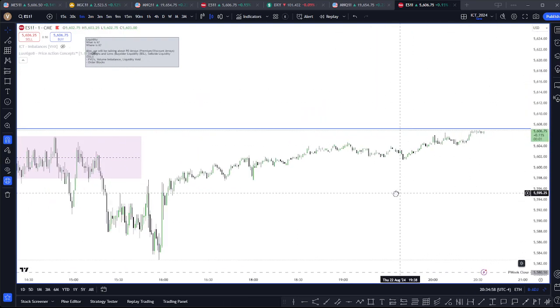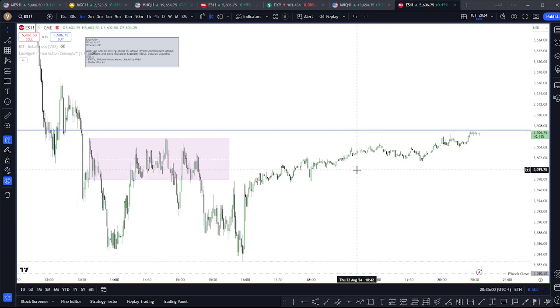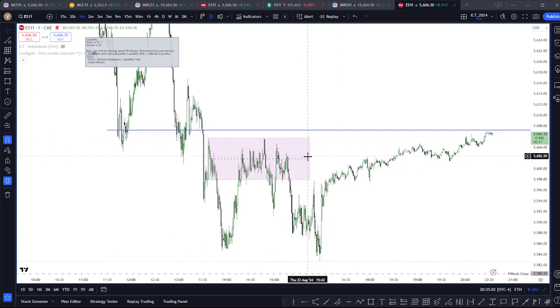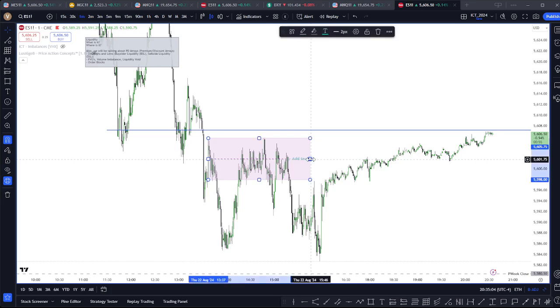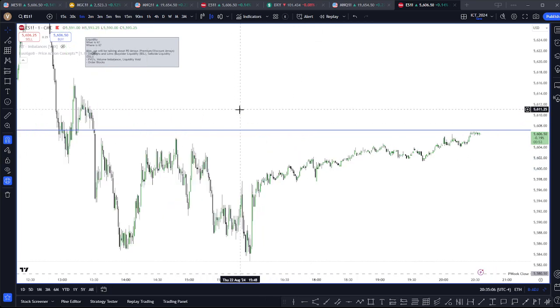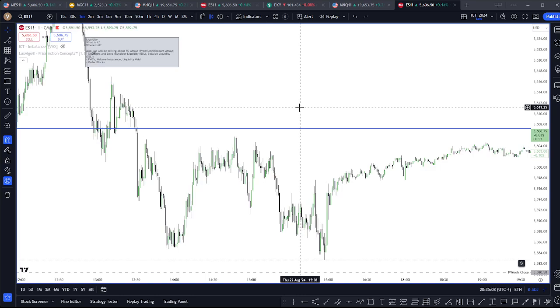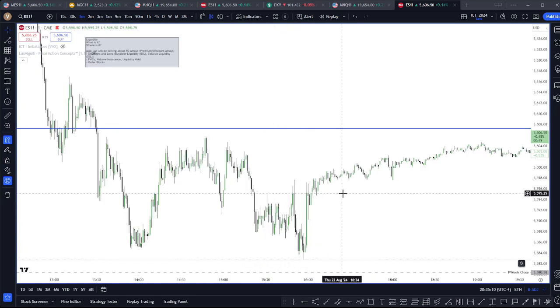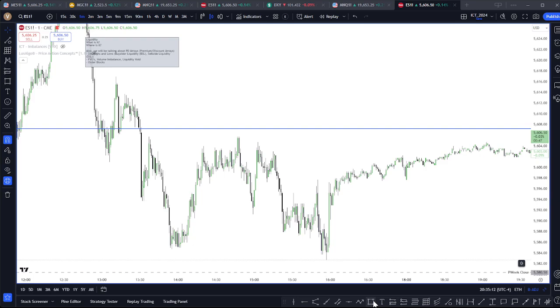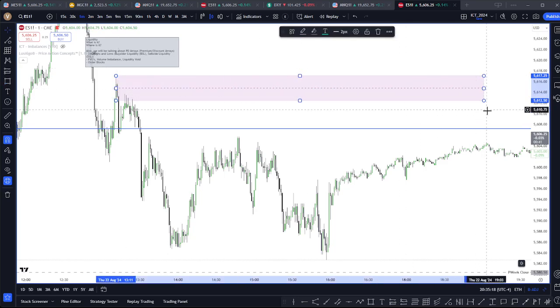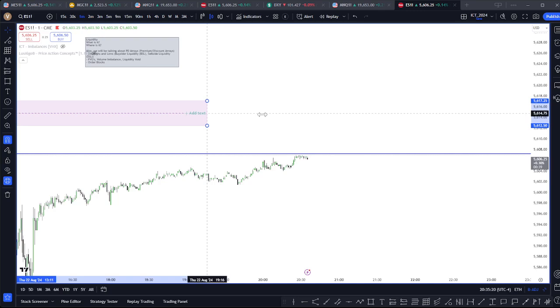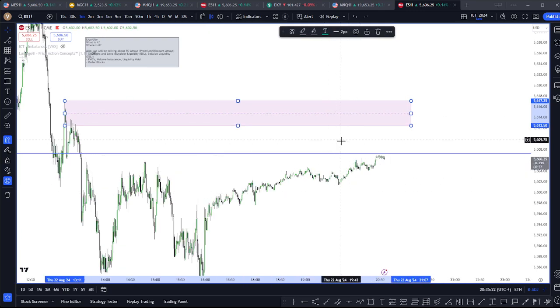It's still not crossed that, but yeah. Interesting. So next area of resistance is going to be this. Take this across, and this is the area which is going to be the next resistance.